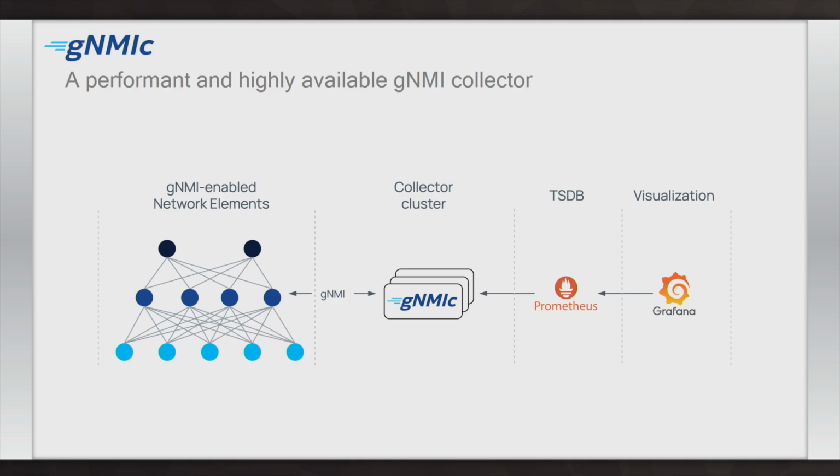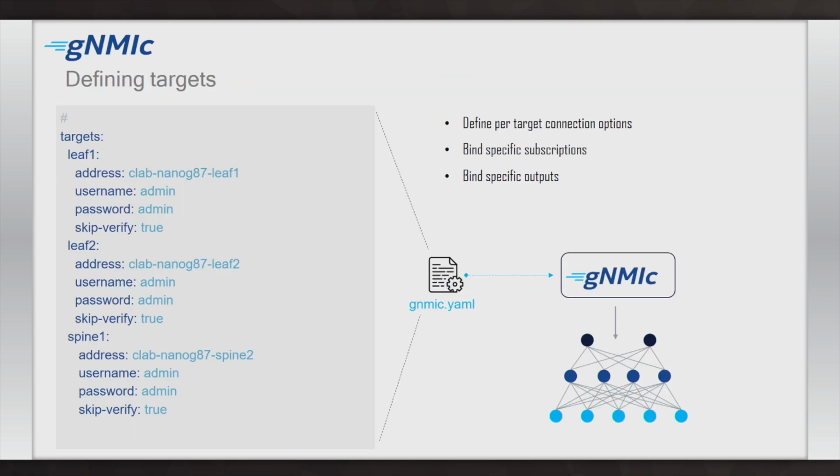It will grab the subscription data you tell it to get from the routers, write it to a TSDB, and then you'll be able to plug in Grafana or Kibana or any visualization dashboarding tool that you like, and pull that from your TSDB. Prometheus or InfluxDB are usually the obvious choices.